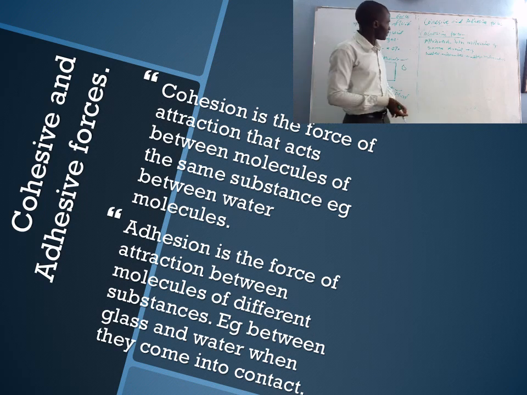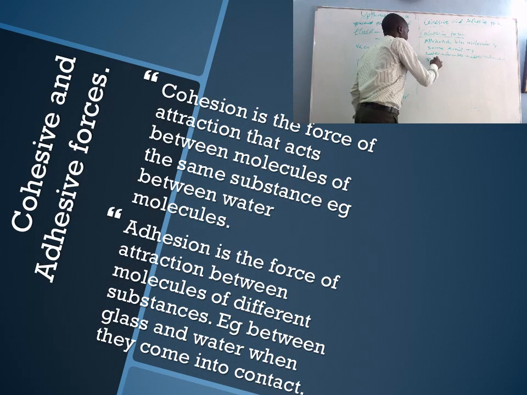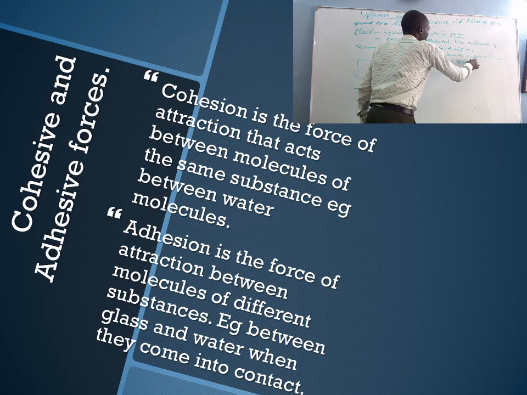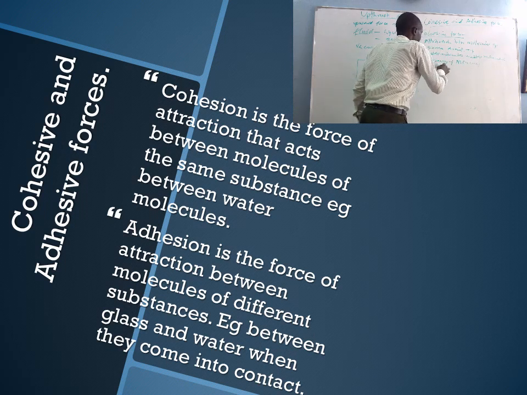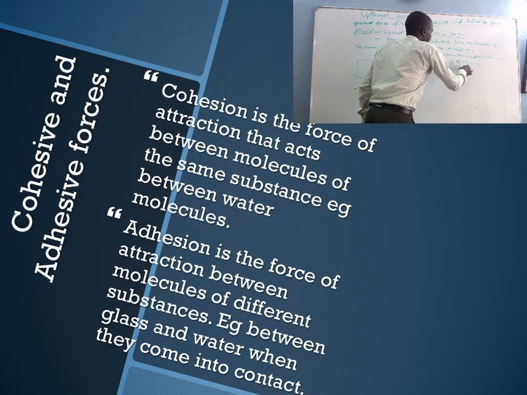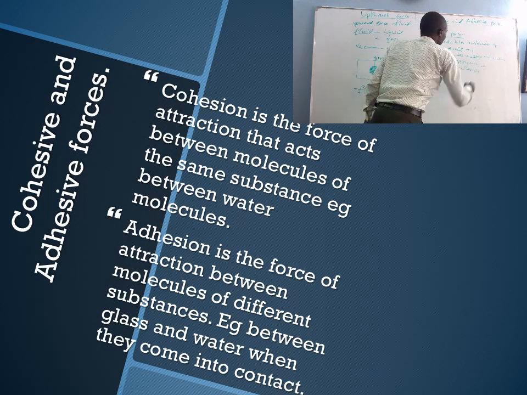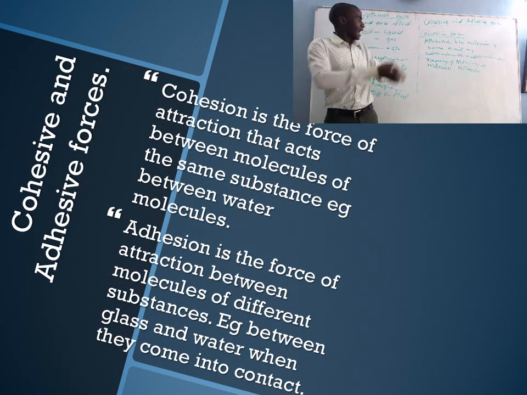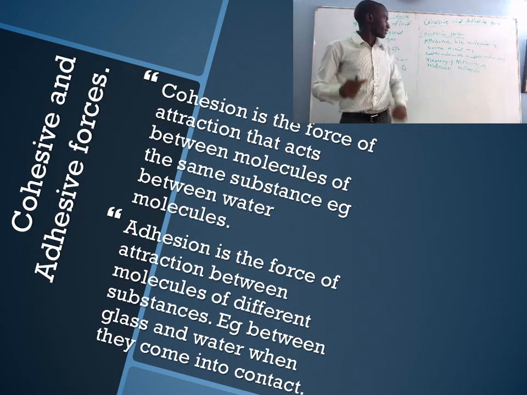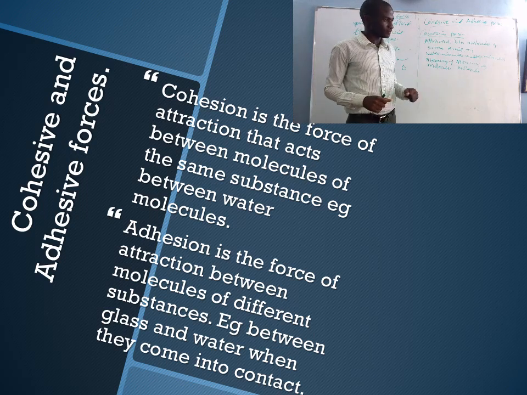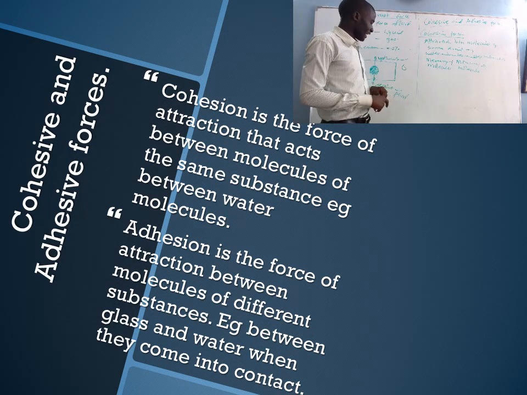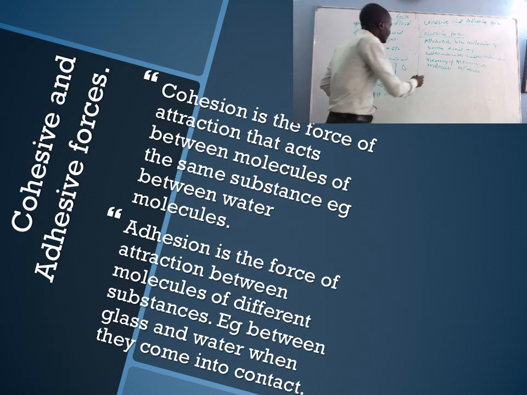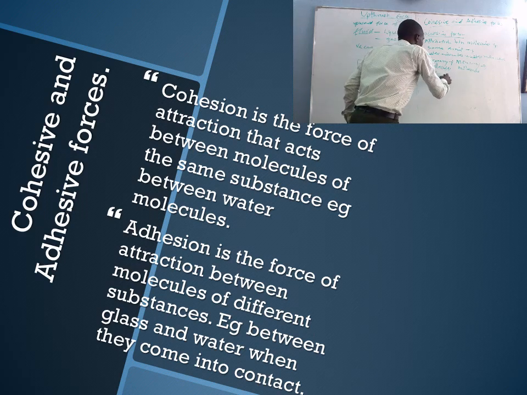If we have maybe mercury molecules attracting other mercury molecules, in that case, we also have cohesive force because mercury molecules and other mercury molecules are molecules of the same kind. But if they are of different kind, then that is another type of force altogether, and that leads us to adhesive force.